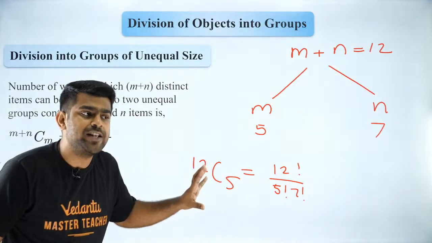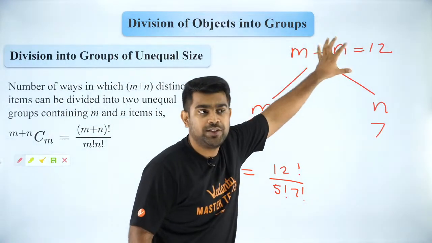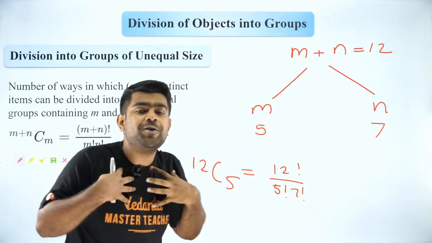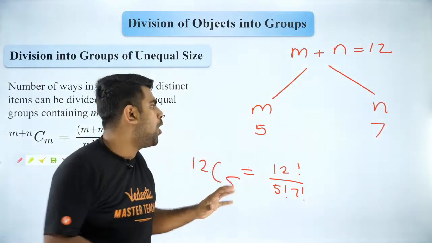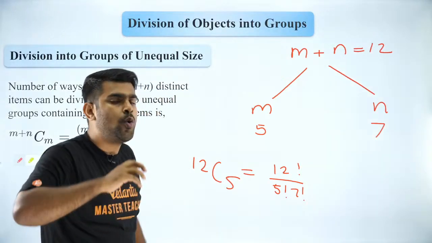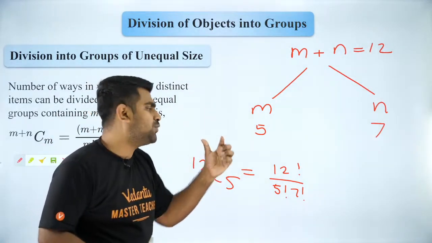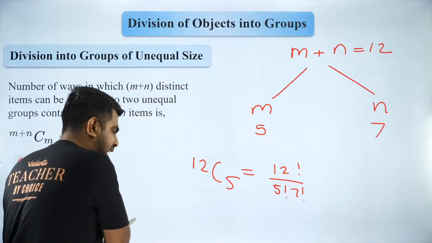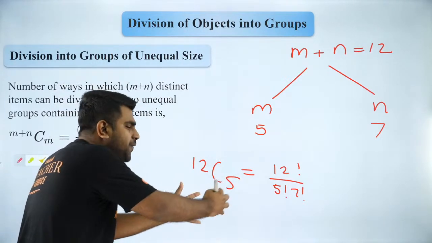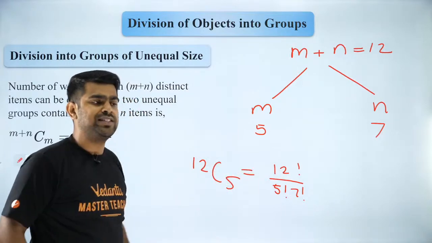Are you guys able to understand? Let me repeat it. I have 12 objects in totality, and I want to divide it into two groups of 5 objects and 7 objects. So what I'm going to do is I'm going to select 5 objects from 12 and keep it aside. If I keep 5 objects aside, what is left out is only 7 objects.